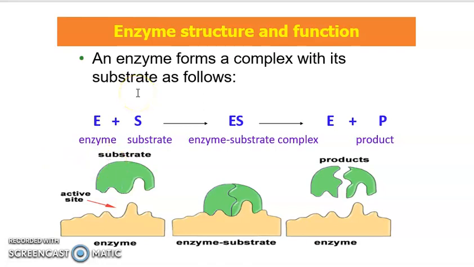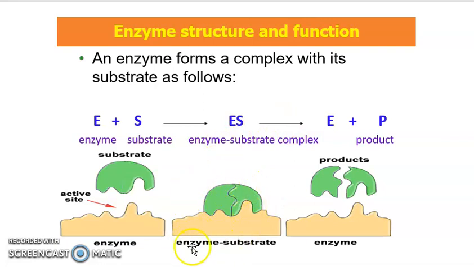Based on the mechanism of enzyme action, if you look at the diagram here, an enzyme forms a complex with its substrate as follows. Let's say the green color here is the substrate and the orange color here is the enzyme. This is the active site of the enzyme. When the substrate binds to the enzyme, it will form an enzyme substrate complex.